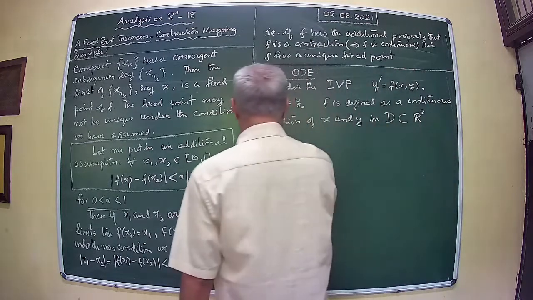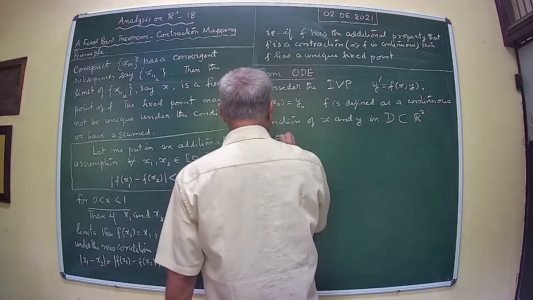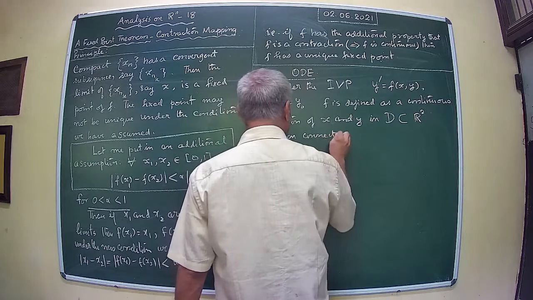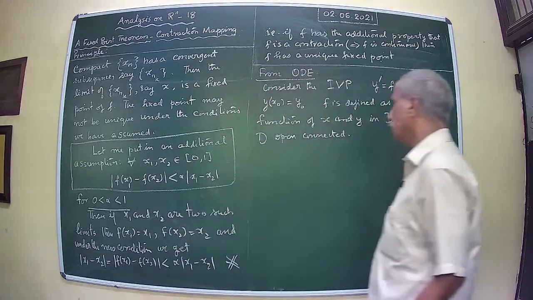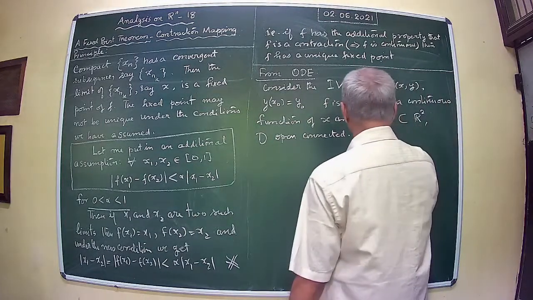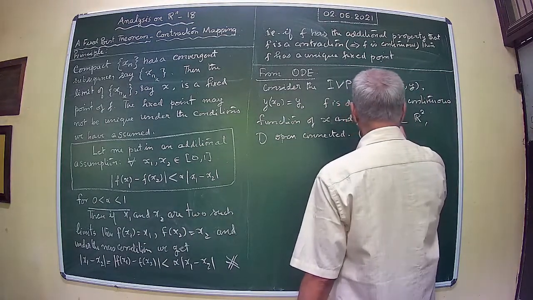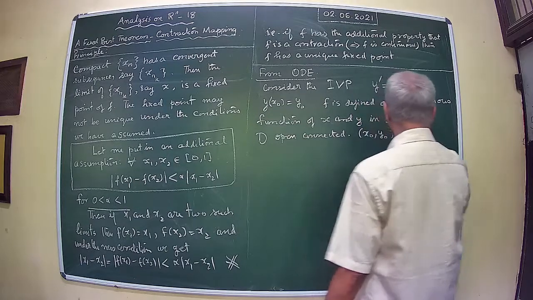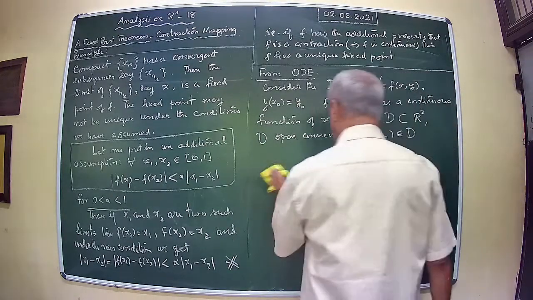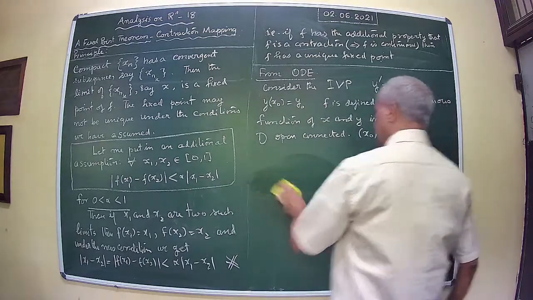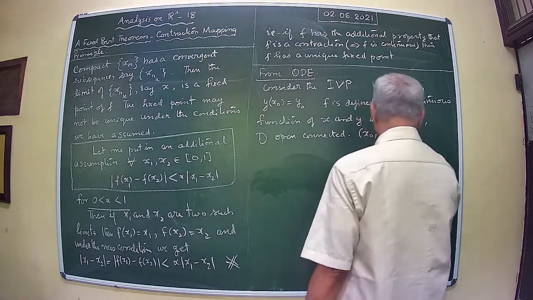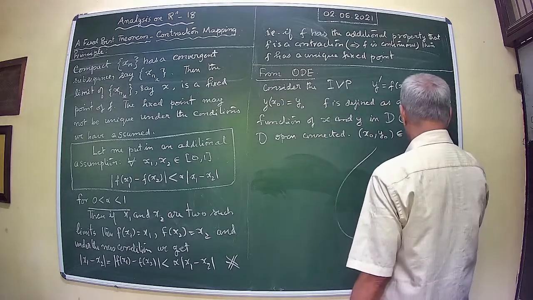D is assumed to be open. That's an assumption. And x naught, y naught is in D. Now you see, this is the region, this is the problem. This is D.